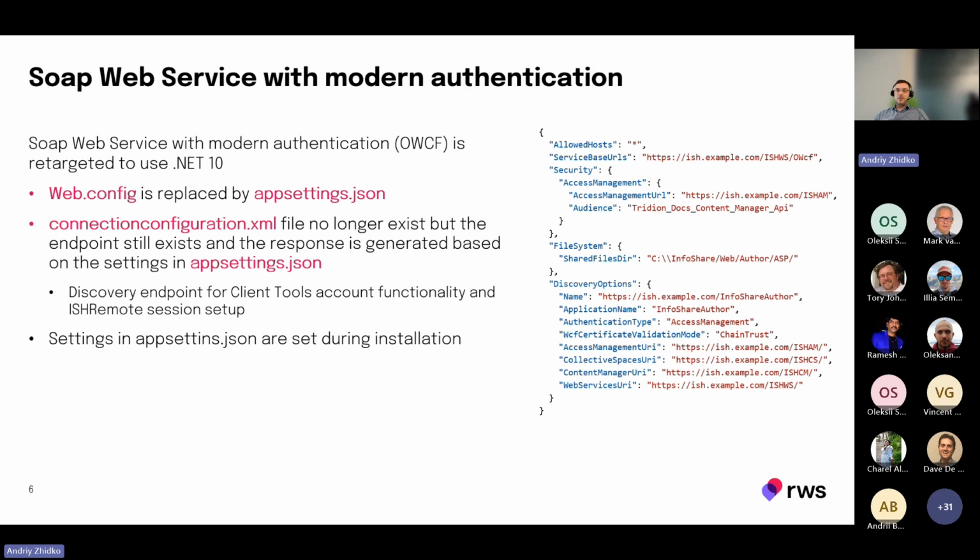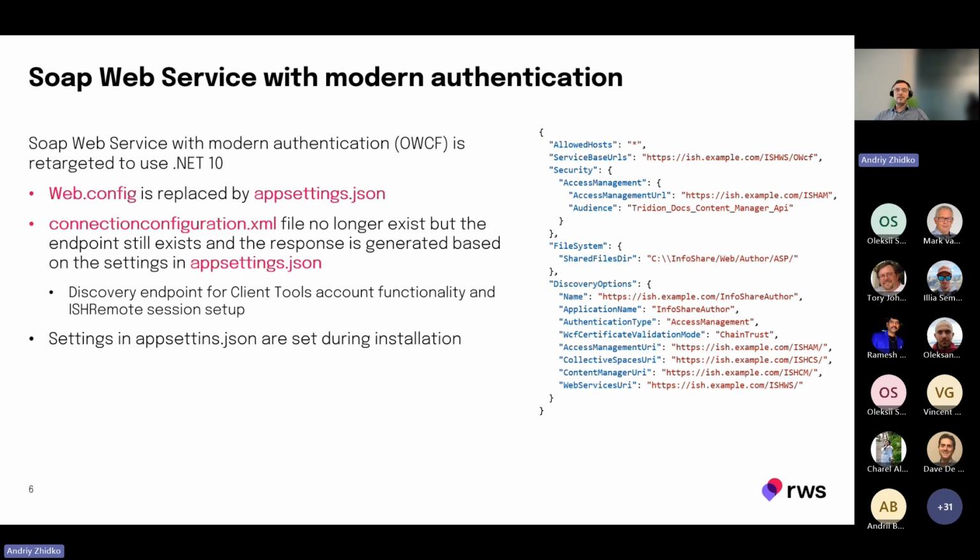As a result of the migration of SOAP web services with modern authentication to .NET 10, there is no web.config file anymore. The configuration file is appsettings.json, and the connection configuration endpoint is used as a discovery endpoint for client tools account functionality and for issue mode session setup.